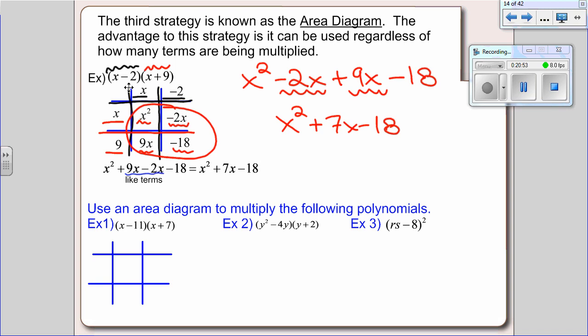All right, we're going to do 2 more together. So example 1 down here, they've created a grid for you. To use an area diagram, we take the first binomial, the x minus 11, and we're going to put that on the top of our little diagram that's been drawn up. So I'm going to go x minus 11, like that.